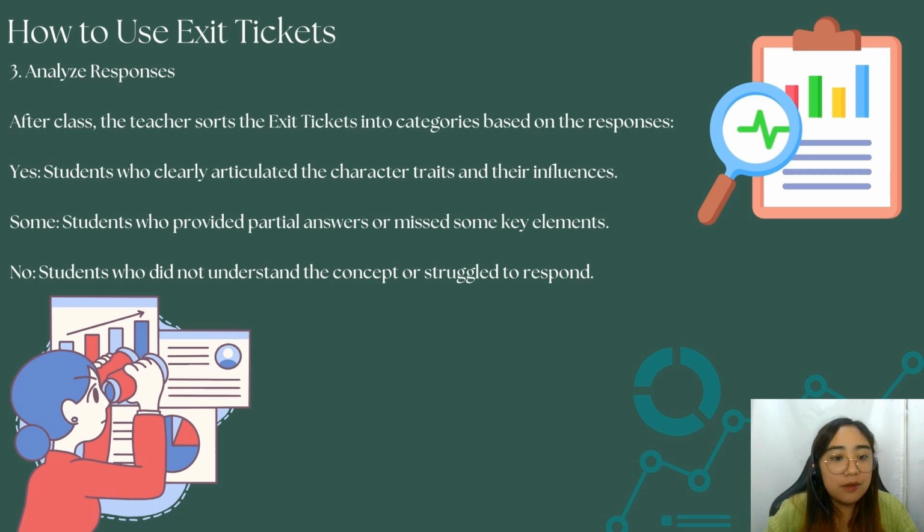For some, the students who provided partial answers or missed some key elements. And for no, these are the students who did not understand the concept or struggled to respond to the question that you have given earlier. So remember, these are still based on the grade 9 literary text.